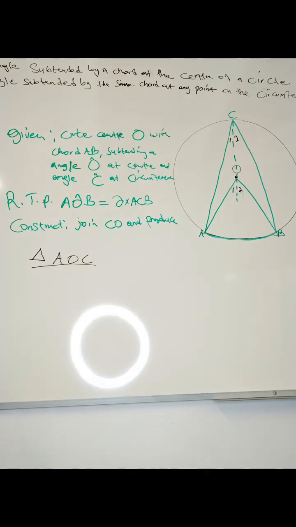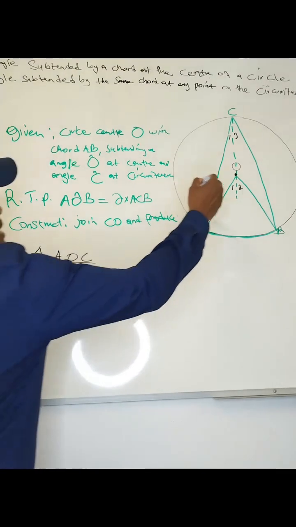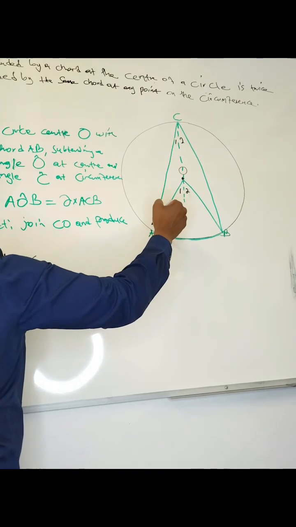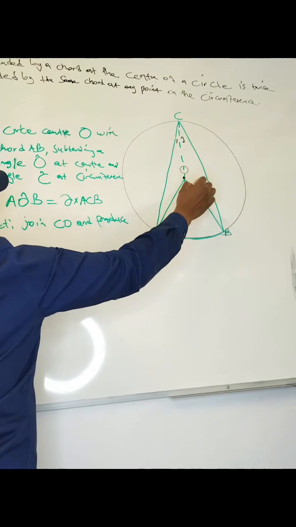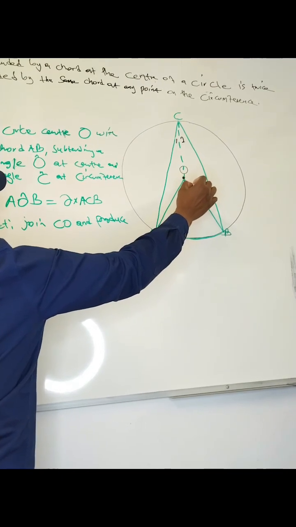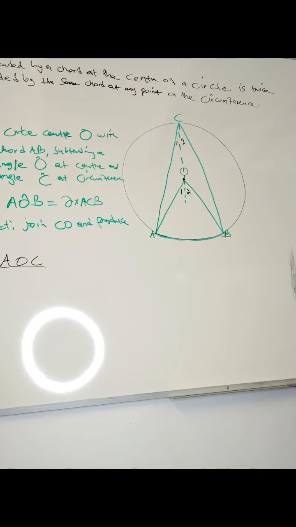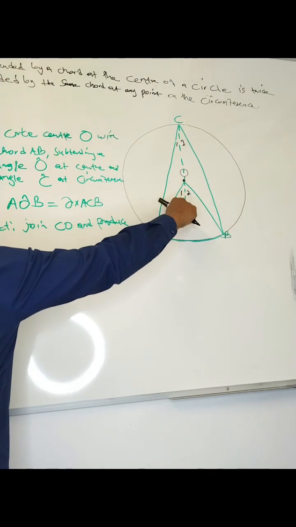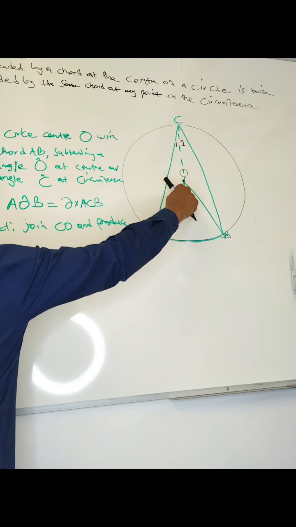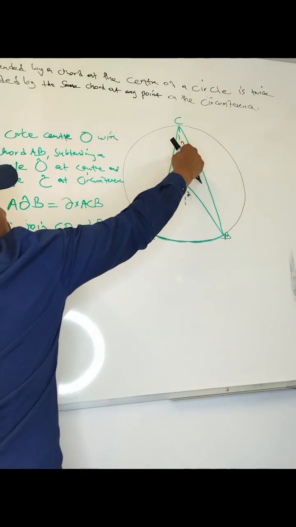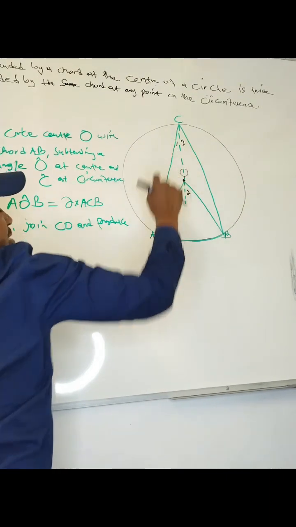The first statement: you can see that this triangle has got an exterior angle. I hope you are familiar with this theorem, that an exterior angle of a triangle is equal to the sum of the opposite interior angles.